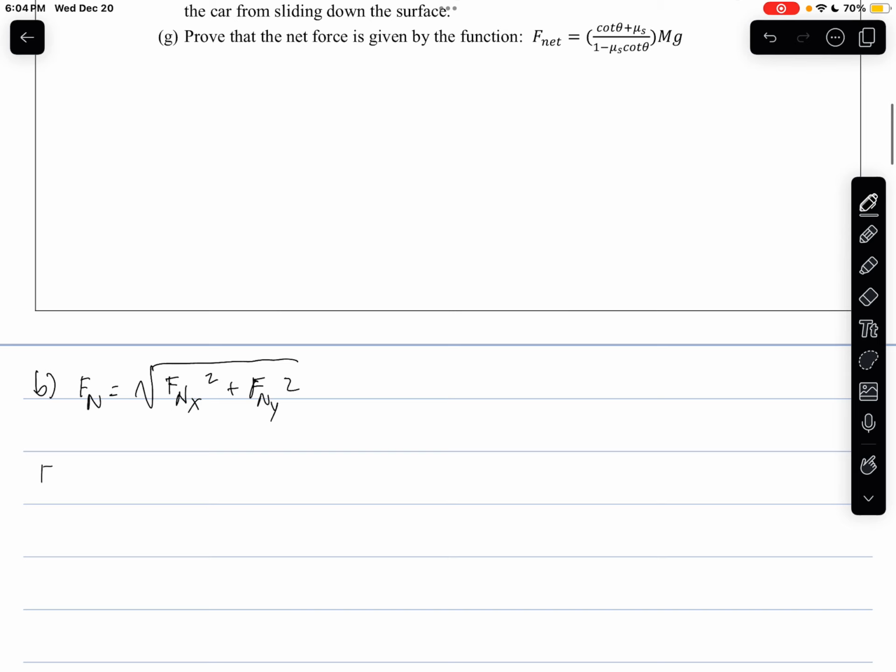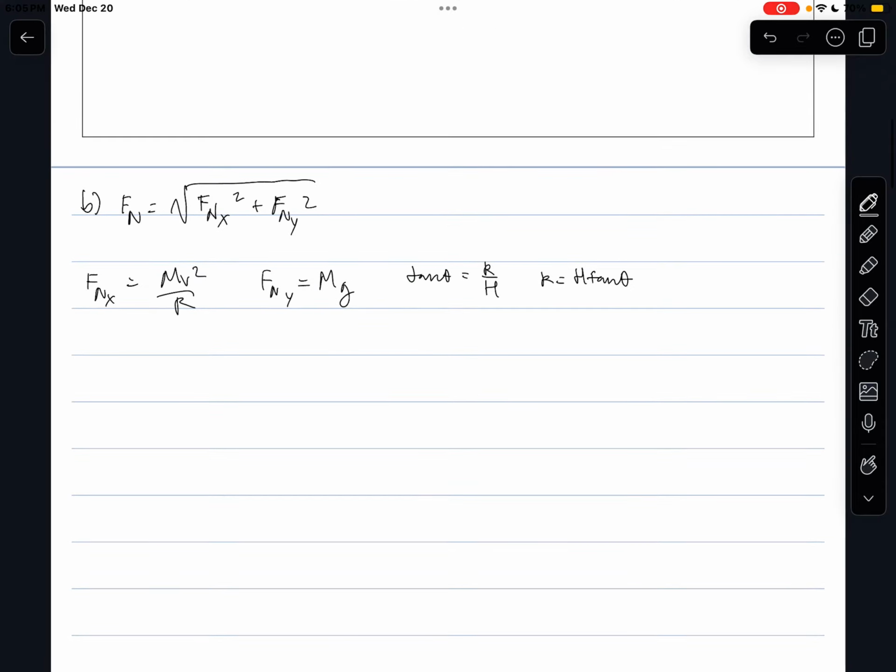So then Fnx is the centripetal force acting toward the center, which is going to be mv squared over r. And the Fny is going to be mg. And I know that tan of theta is going to equal r over h. So then the radius is going to be h tan of theta.